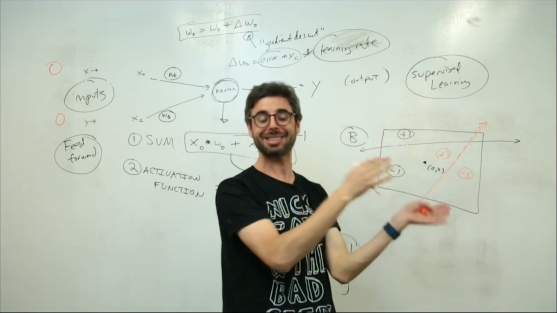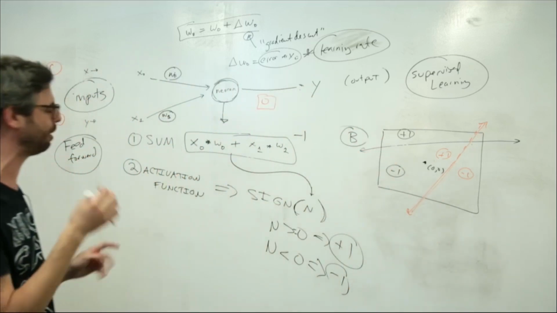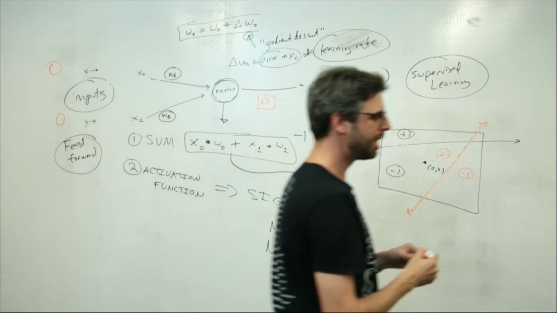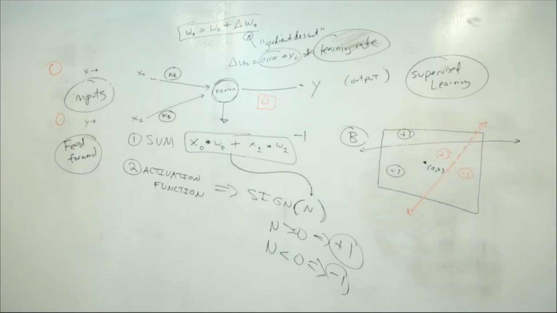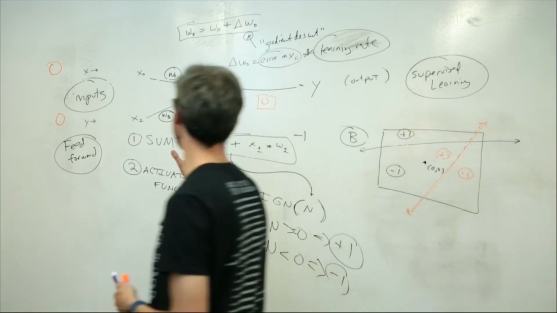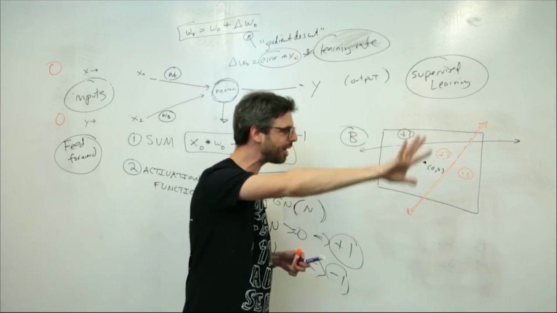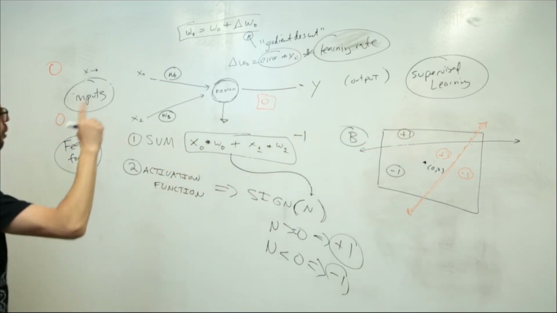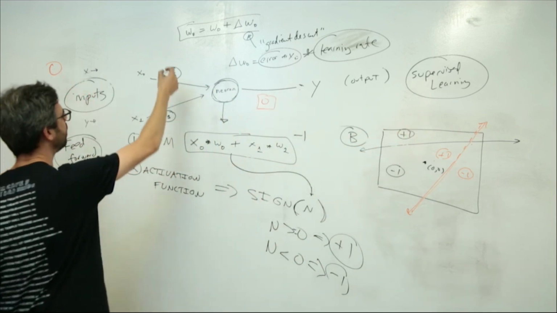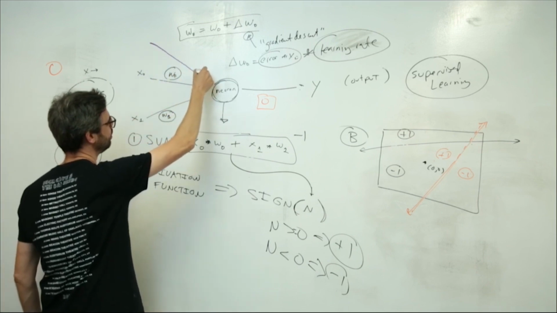Sometimes it's going to be in class A, sometimes in class B. That can't possibly be right. This perceptron will not perform correctly in this generic scenario, other than by having something called a bias.